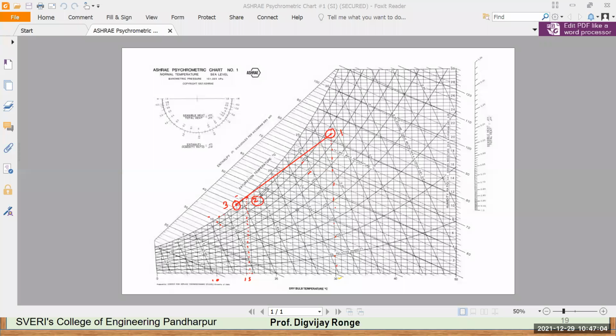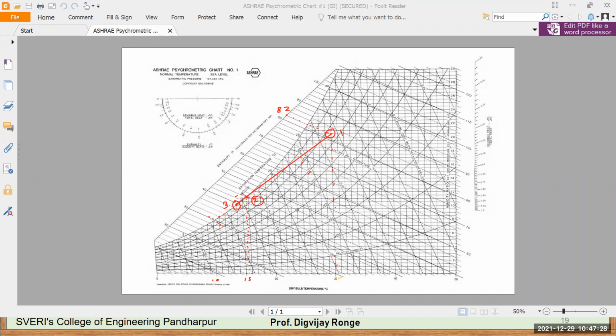Now I have to know the enthalpy values. So see here, this is 0.1. I have to follow the constant enthalpy lines. So here, I will get this value, which corresponds to 82 kilojoule per kg. Now I have to go for 0.2 here again.